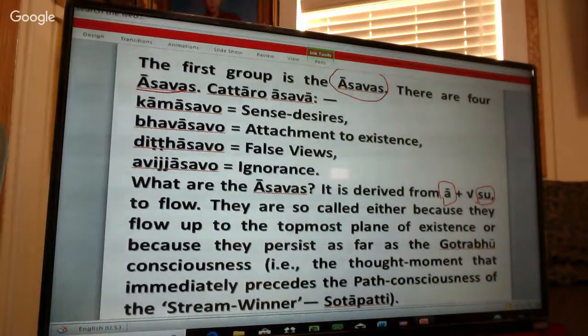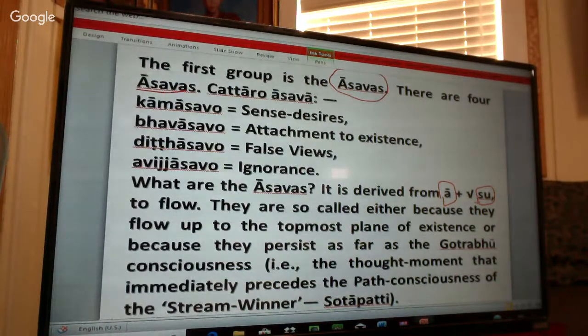So here, a plus su meaning is flowing, flow. They are so called either because they flow up to the utmost plane of existence, or because they flow as far as the considerable consciousness.